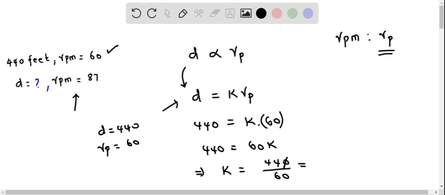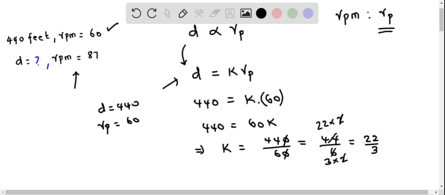We can cancel these zeros immediately, and this reduces to the fraction 44 over 6, and this can be reduced as 22 over 3, because 22 times 2 is 44 and 3 times 2 is 6. So we cancel the common term 2 and it reduces to 22 over 3.